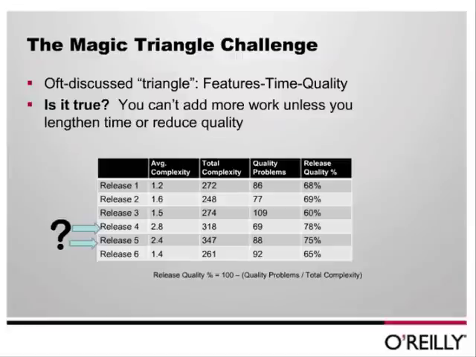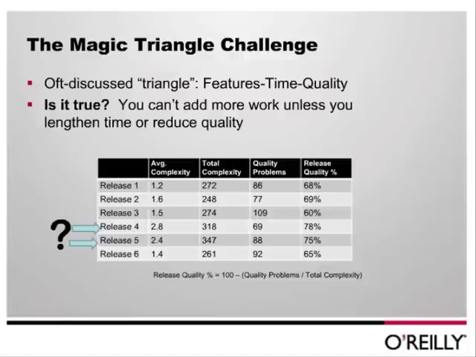A couple of releases, Release 4 and Release 5, had a fairly high level of complexity. And yet, if you look at the numbers over on the right, they actually had a higher level of quality as well.